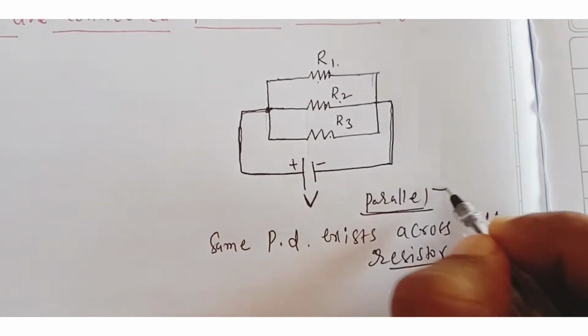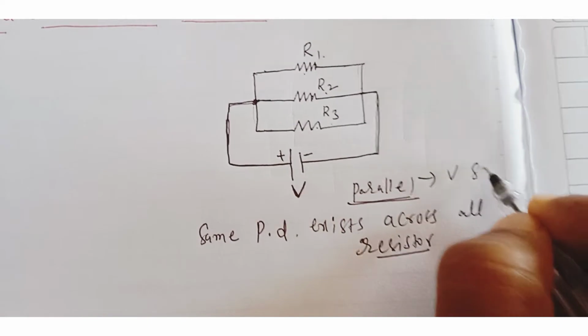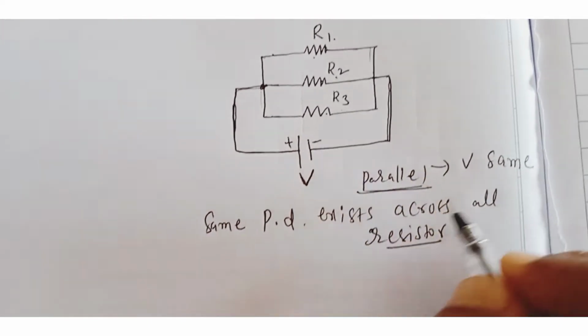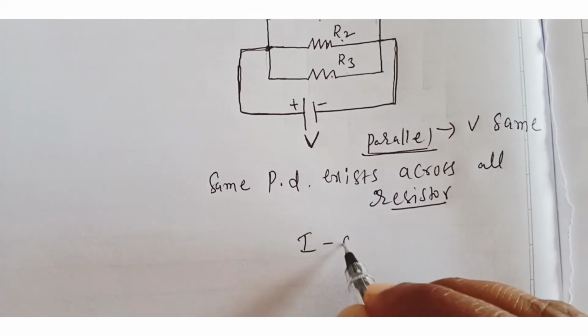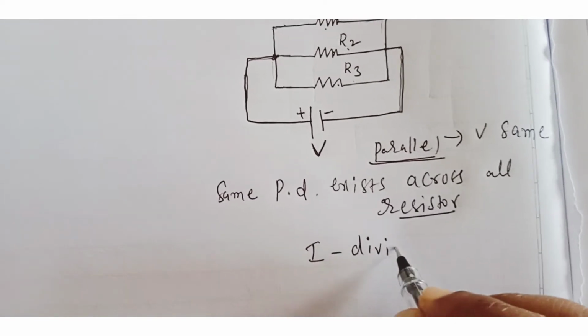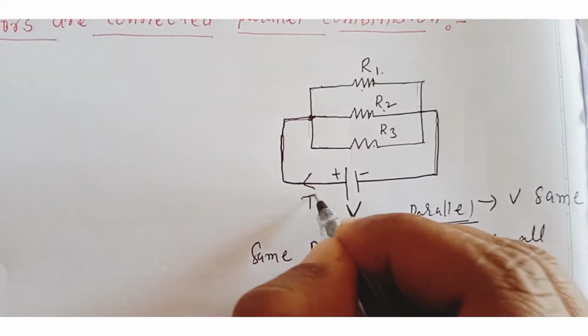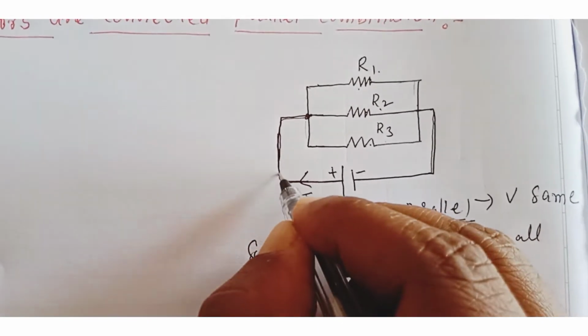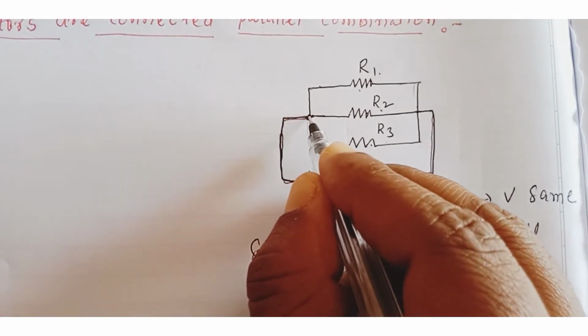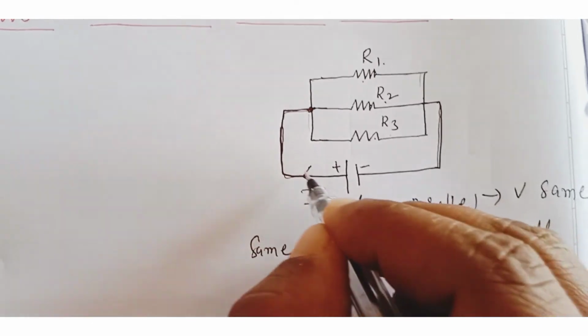In parallel combination, potential difference is the same, but current is divided. Suppose in the circuit a current I is drawn, and current is moving like this, from the positive terminal to the negative terminal.